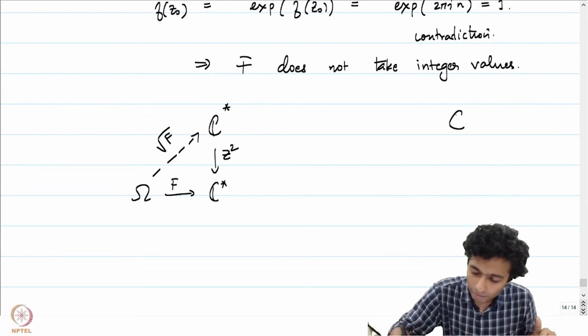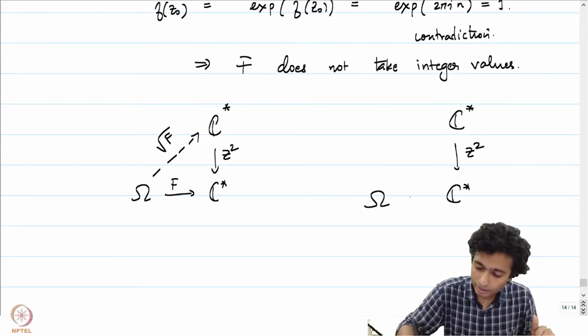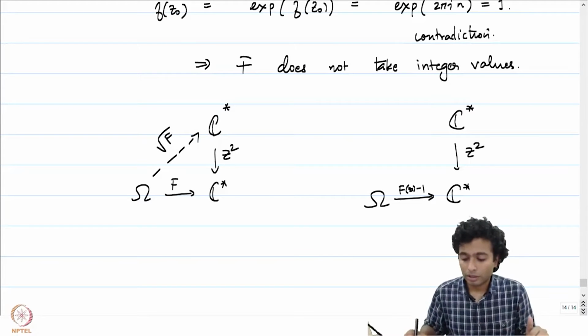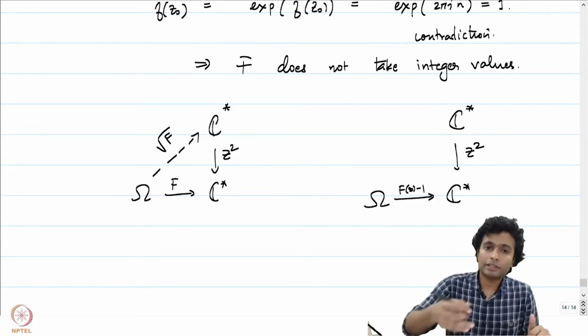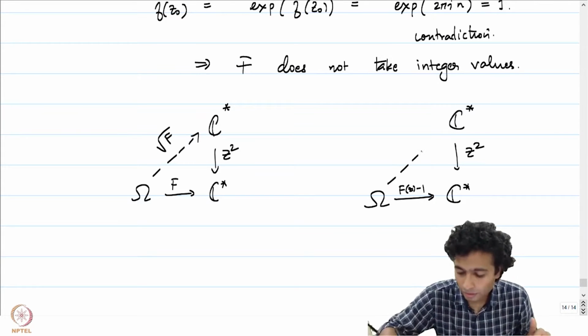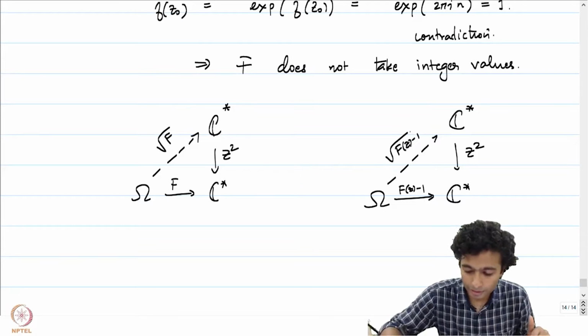We also have the following map, C star to C star, again z squared, and look at F of z minus 1. This also is a map into C star, because F doesn't take any integer values. In particular, it's not going to take the value 0 either, and therefore we have a lift here. This is going to be square root of F of z minus 1.